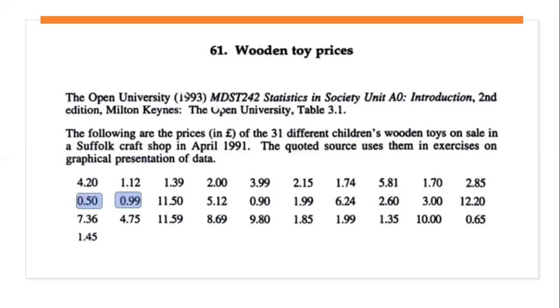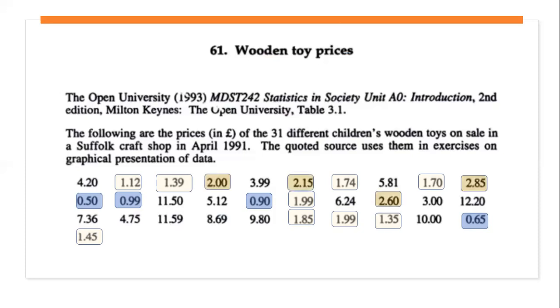Well, a quick investigation shows that we had 4 toys that cost at least 0 pence, but less than 1. We had 9 toys that cost at least one pound, but less than 2. We had 4 that cost at least 2 pounds, but less than 3.